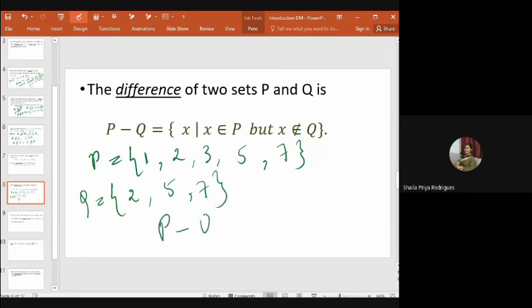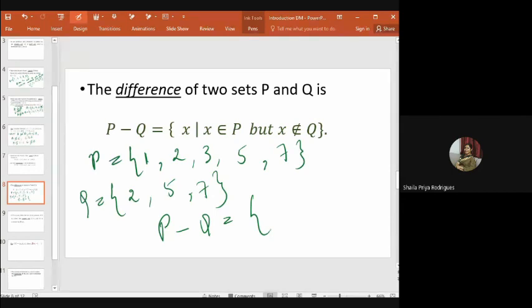P minus Q. You're going to mainly look at the elements of P. The first condition is the elements should belong to P. But the elements that you're going to put in P minus Q should belong to P but should not be present in Q.